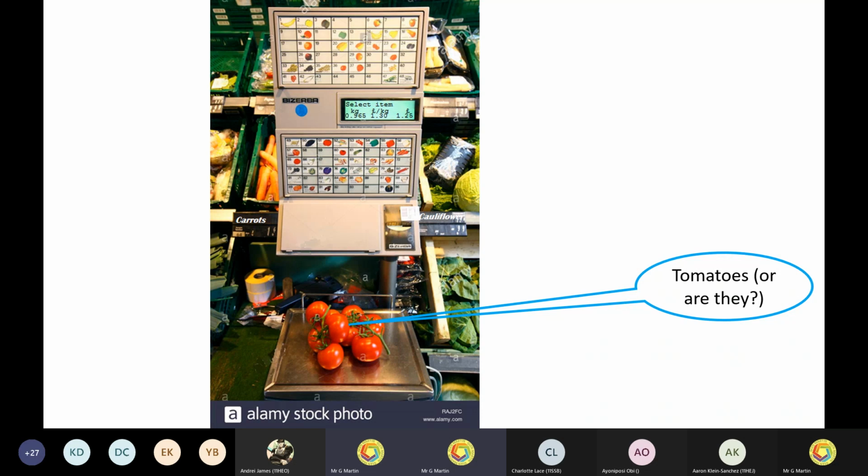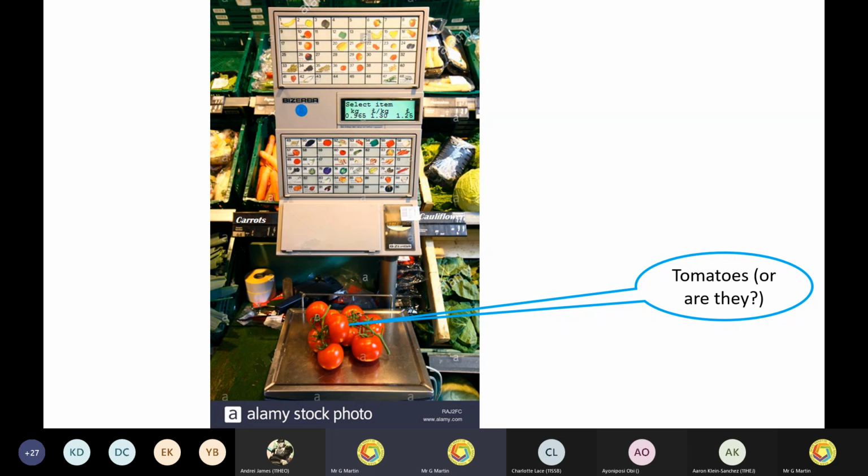And so the only way that this particular system recognizes that it's tomatoes on there is by whichever button the user presses. So if the user had pressed another button, say for example they pressed potatoes, then that would be input as a code for potatoes, and a different price would be generated.